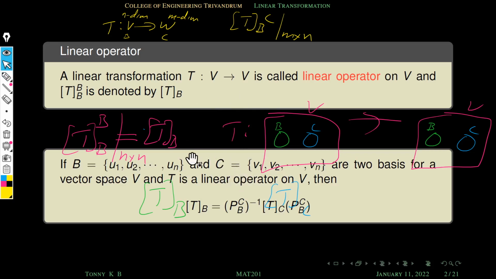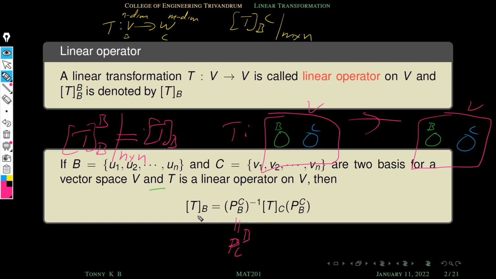Yes, the answer is yes. If B equal to u1, u2, up to un and C equal to v1, v2, up to vn are two bases for a vector space V, and T is a linear operator on V, then the matrix of T with respect to B is equal to PBC inverse times the matrix of T with respect to C times PBC. In the previous session we have seen that PBC is the transition matrix from B to C, and we know that PBC inverse is equal to PCB.